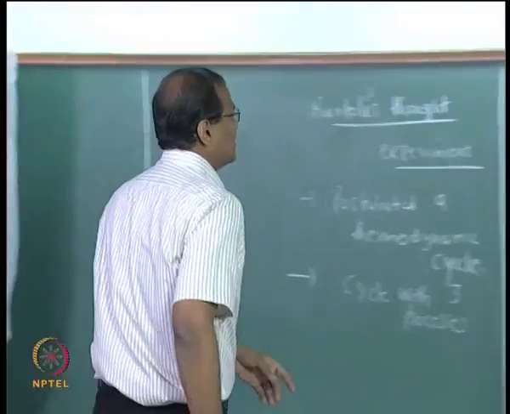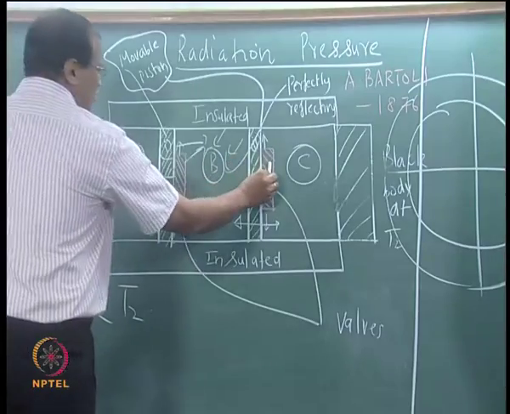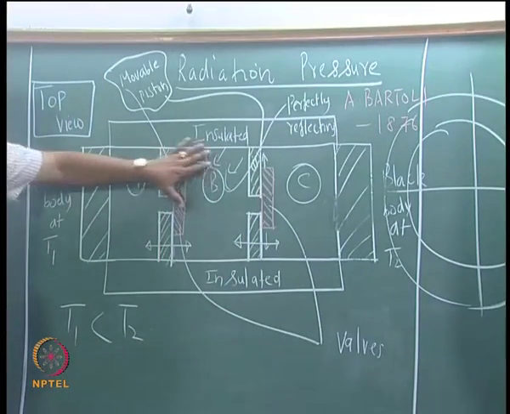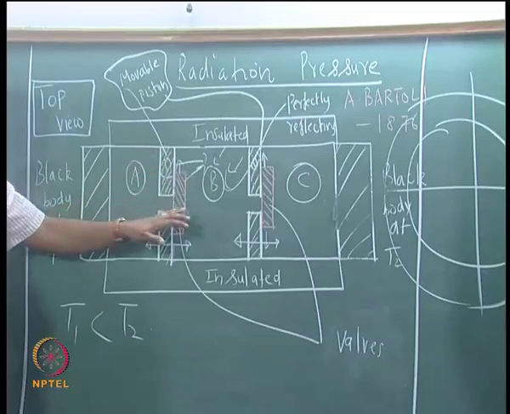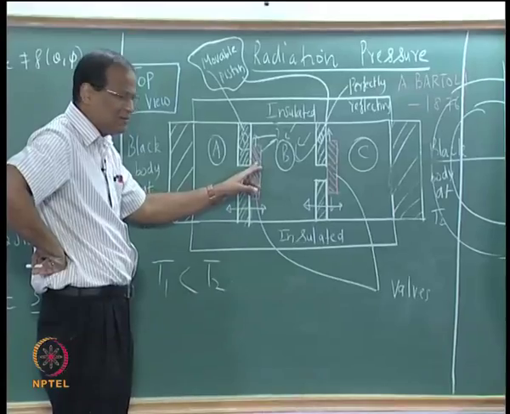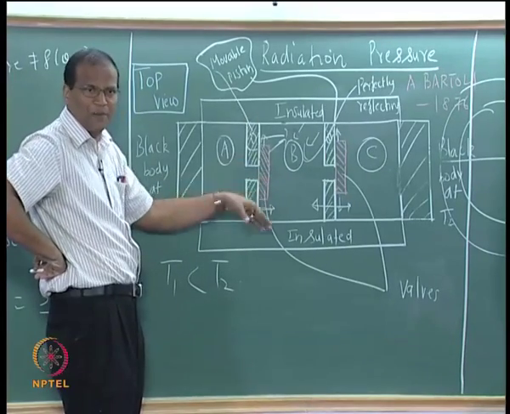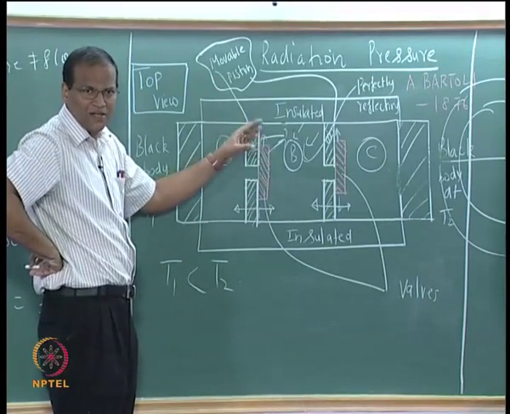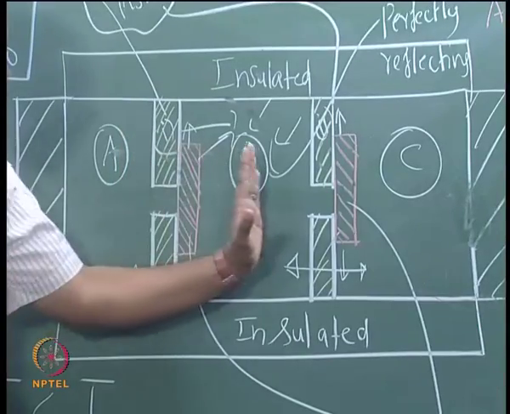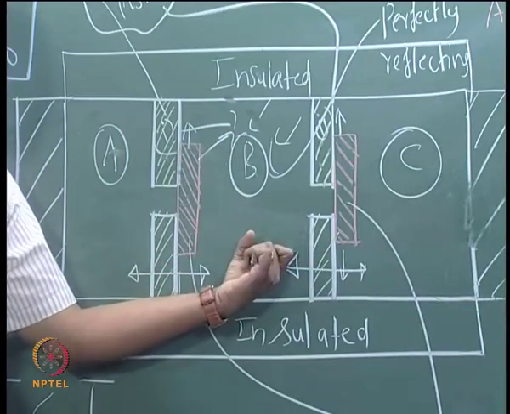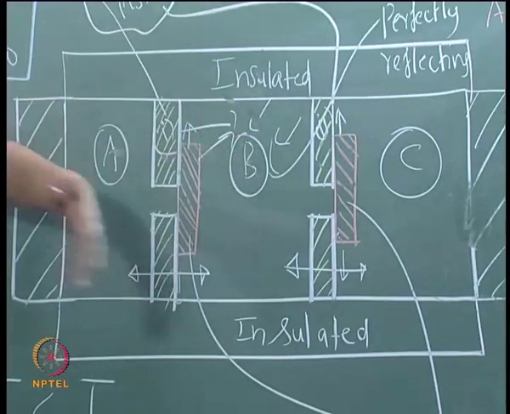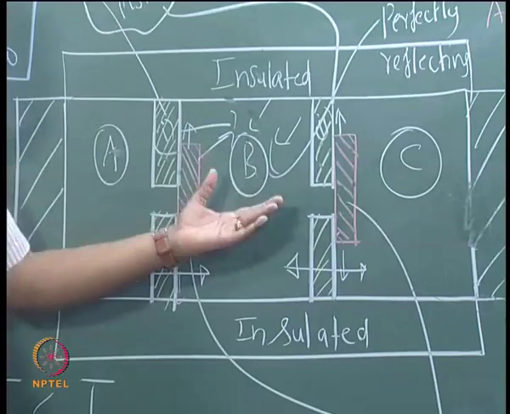So this is closed first, this is open and you allow enough time so that these chambers A and B are filled with radiation energy density corresponding to a black body at T1. Now this red valve is slid closed and then it is moving towards this such that this area becomes less, so the volume becomes less, therefore the radiation energy density increases to a value corresponding to a black body at T2.